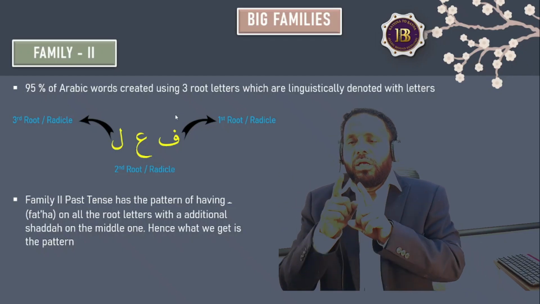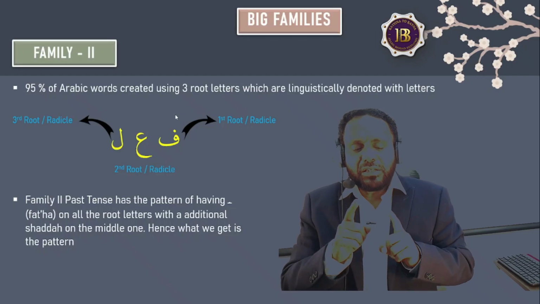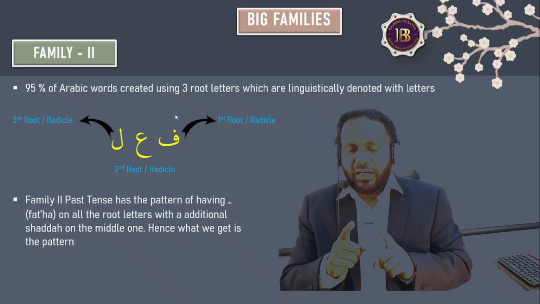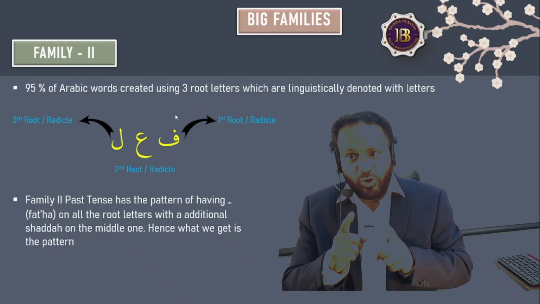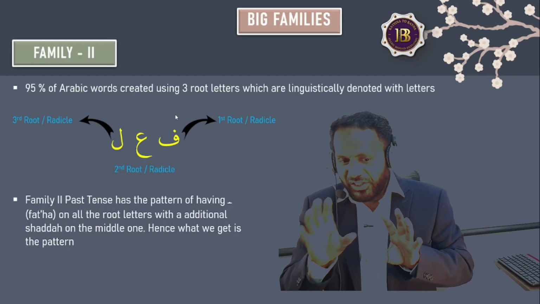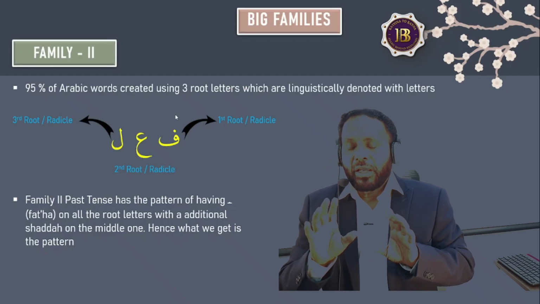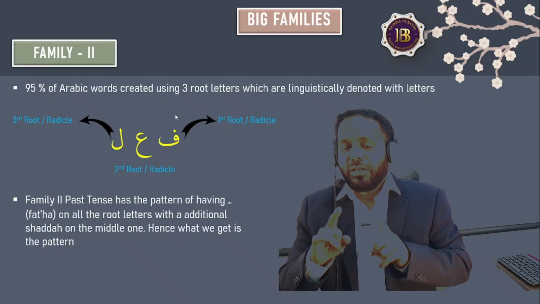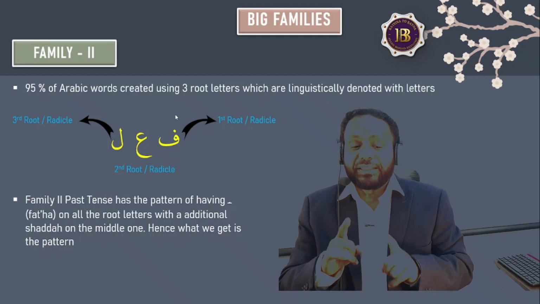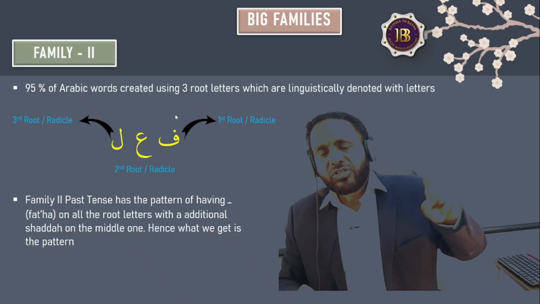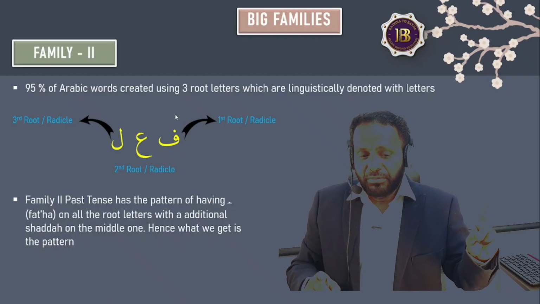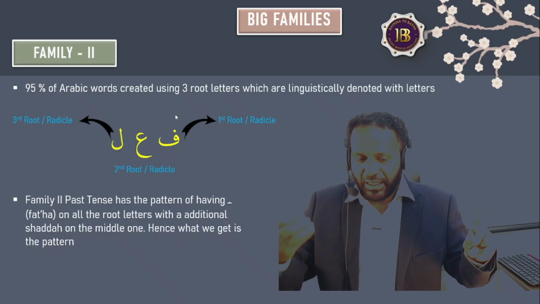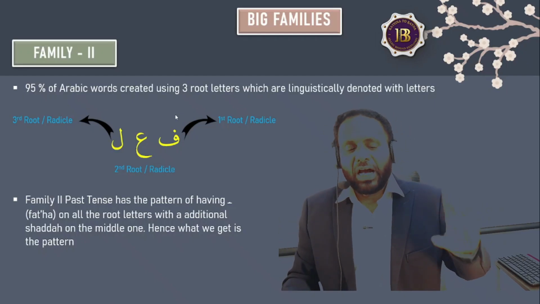How? Well, the first root letter, now pay attention, I am saying root. So please pay attention to what terms I am using, okay? The first root letter in family number 2 is going to have a fatha on it. The last root letter, which is lam, the letter that comes in place of lam, is going to have fatha on it.